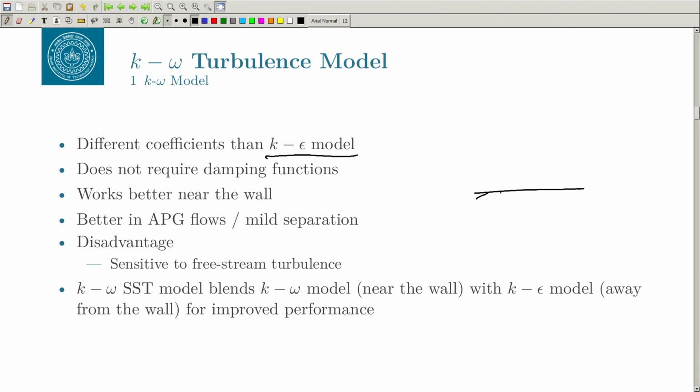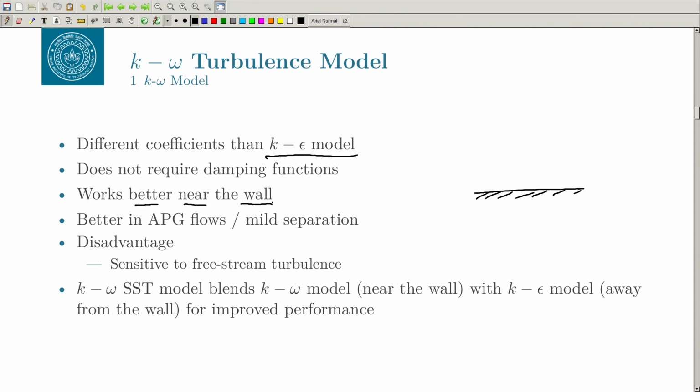Whatever damping you need near the wall, to model the viscous or laminar sublayer and the log layer, this model can do very well. The way the coefficients have been tuned, you do not require any damping function. By default it is a low Reynolds number turbulence model, so it works better very close to the wall.